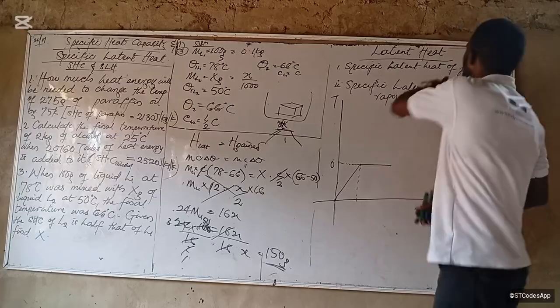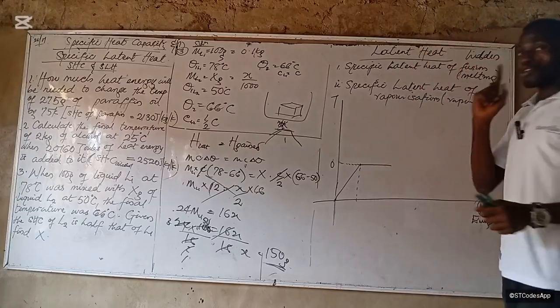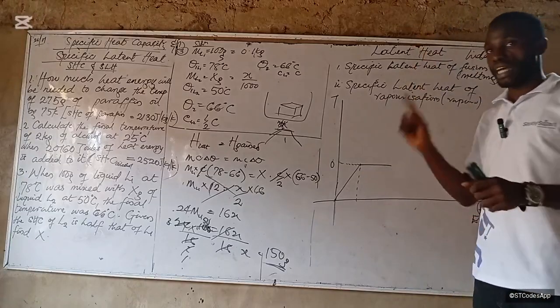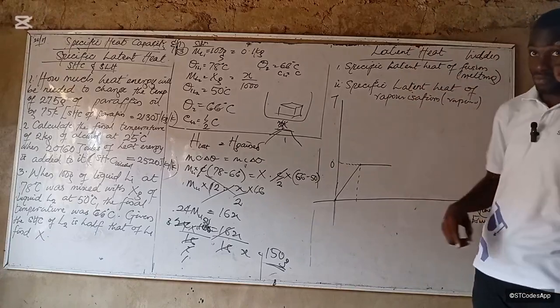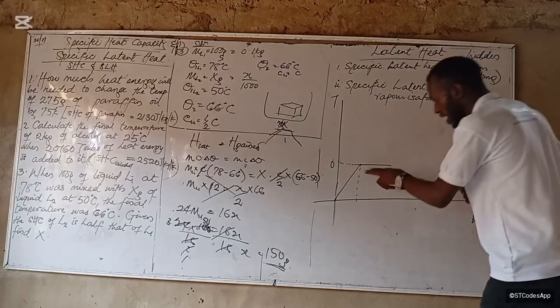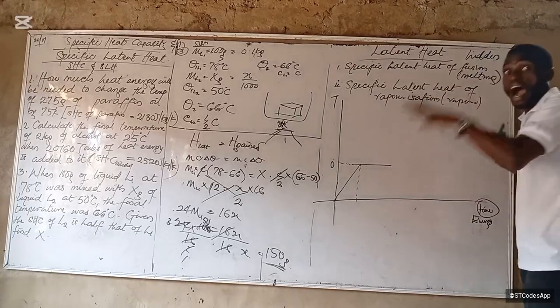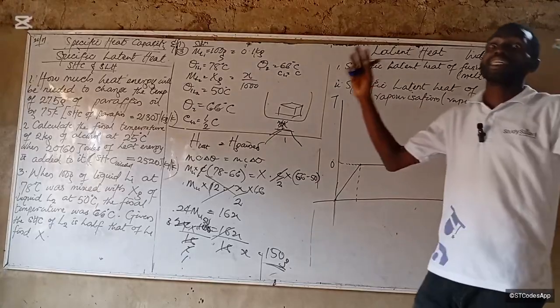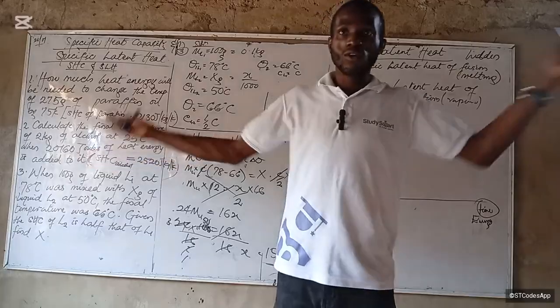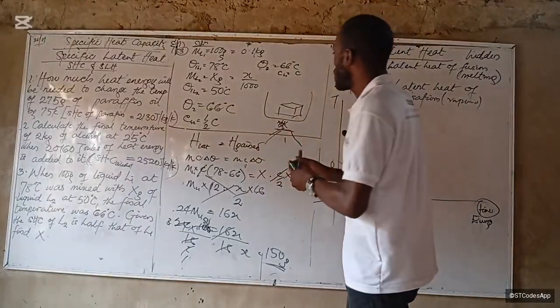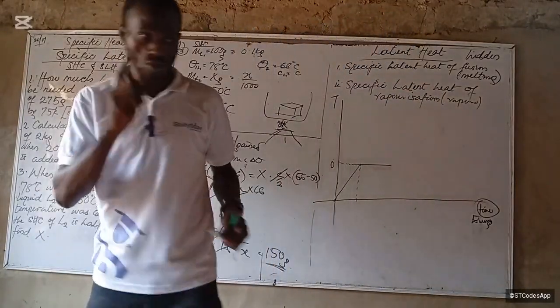The reason why it's called fusion is that I'm going to show you another graph that shows the reverse of that thing. That's why it's named fusion of ice. So this guy is going to require some energy to first break the bonds. After the bonds have been broken, everybody is now set loose. We are no longer together here. We are now liquid. Does that make sense to you?